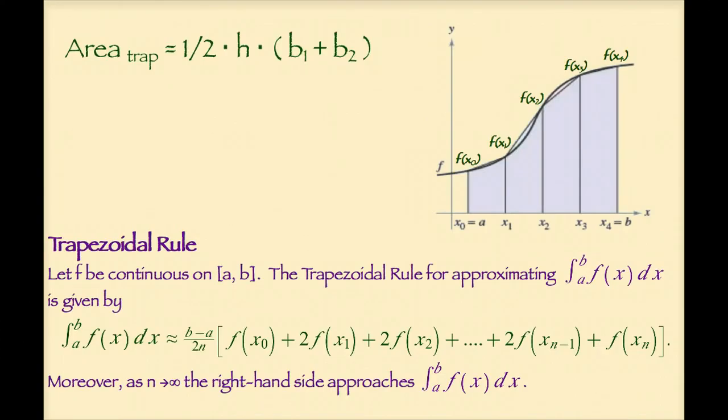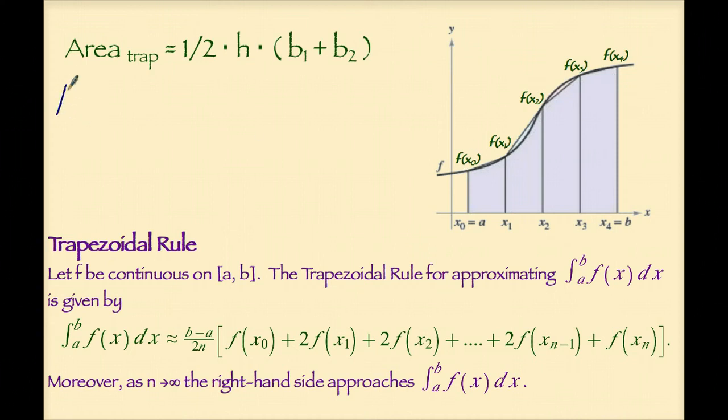Let's see how the trapezoidal rule is derived. The area of a trapezoid is 1/2 times the height of the trapezoid times the sum of the bases of the trapezoid. Let's use this formula to sum up the areas of these four trapezoids, which are approximating the area under this curve.